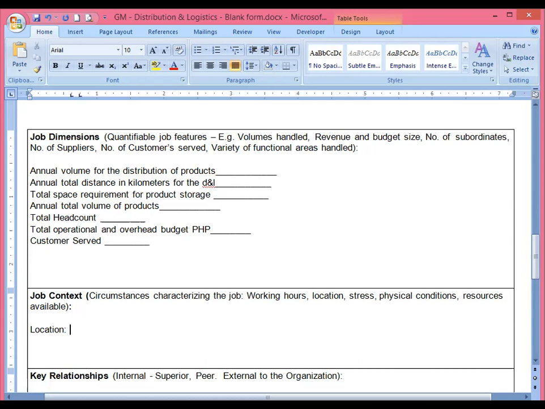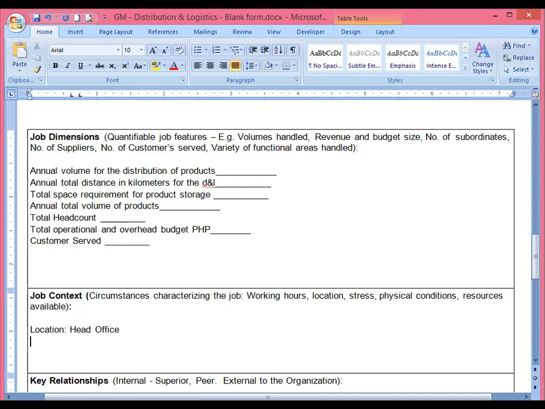Maybe his office is in the head office. Then what the GM does is he's just visiting the location of the warehouses, the transport offices, etc. But his office is right in the head office.